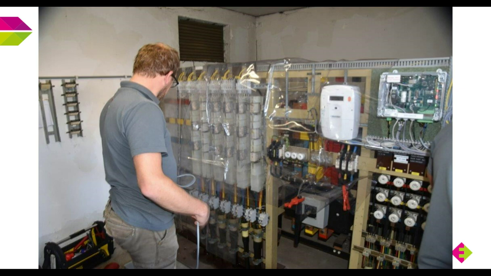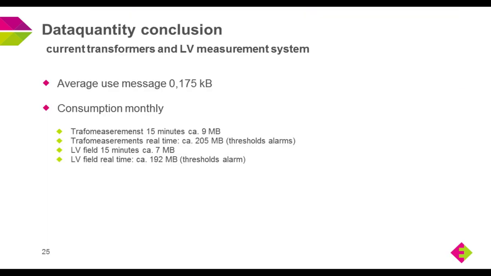We have a lot of data, but the last thing we are doing in the chain is to make a real fine dashboard, and that's not ready at this moment. But we have some figures about the data quantity, because we are interested in how much data we send from such a substation to our ICT platform.